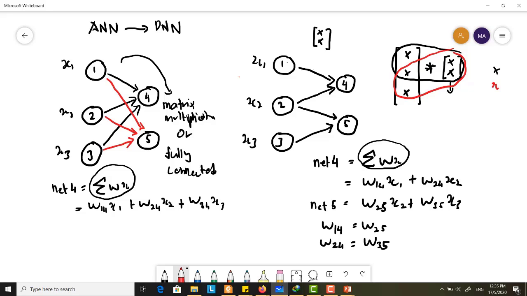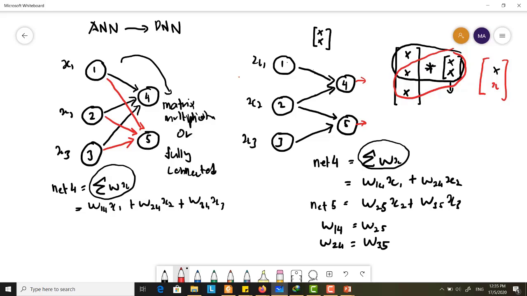So this is your net 1, this is your net 2. It doesn't matter whether it is net or O, because after the convolution you need to apply the activation function. Later I will show you, but either way it is still a 2 times 1 matrix.